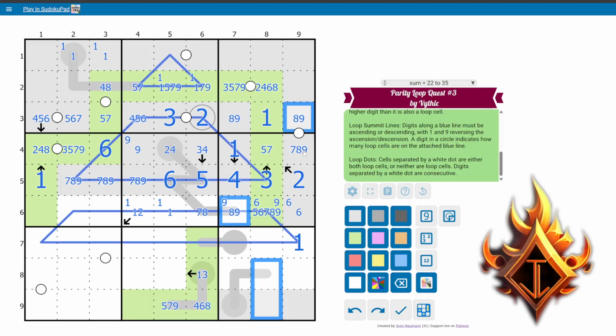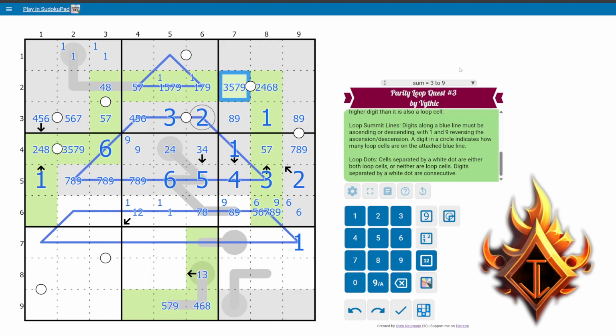That could be 7. That's not 9, though. If I could maybe get 8 out of there, that would be good.